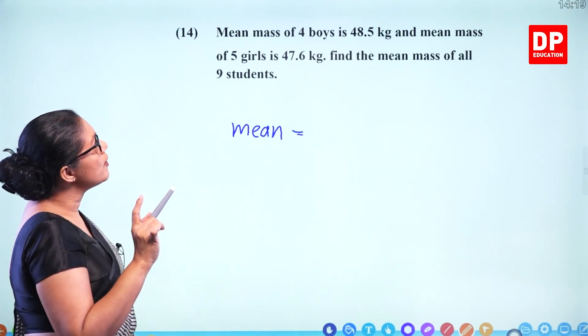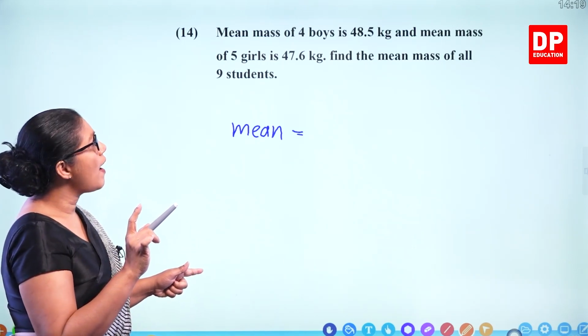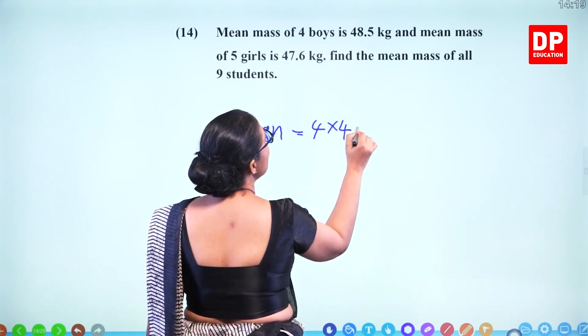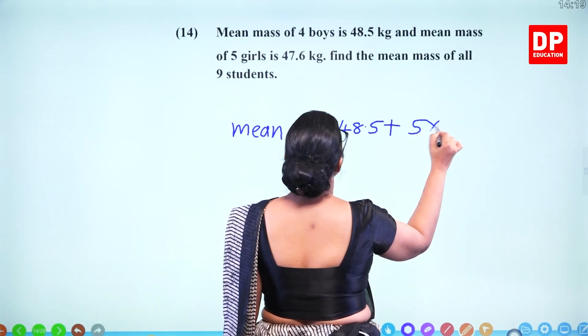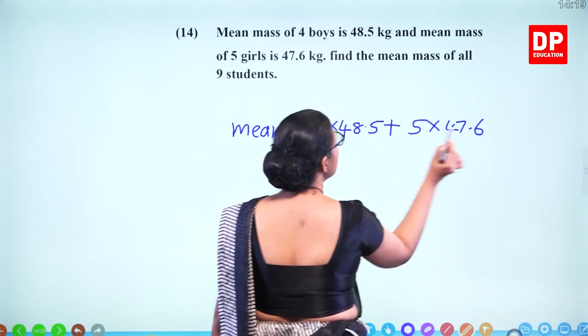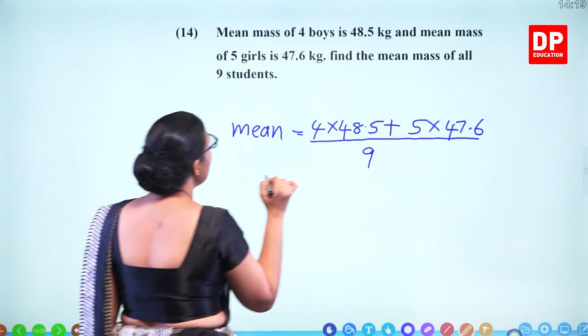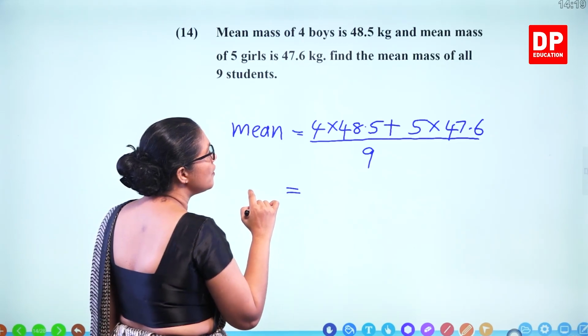How do you find the total for boys? Mean is 48.5 and 4 boys. So, 4 into 48.5. Girls, 5 girls, 47.6. That's the total. Divide by 9, as all together 9 are there.